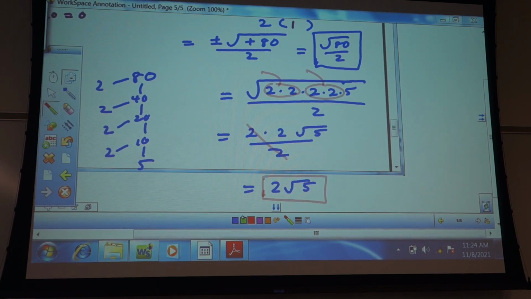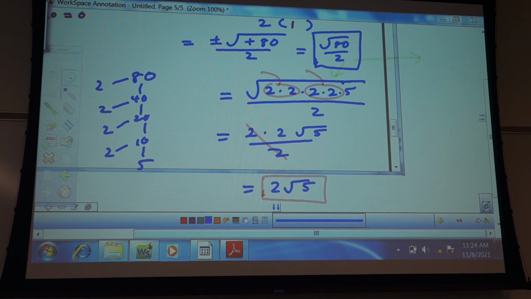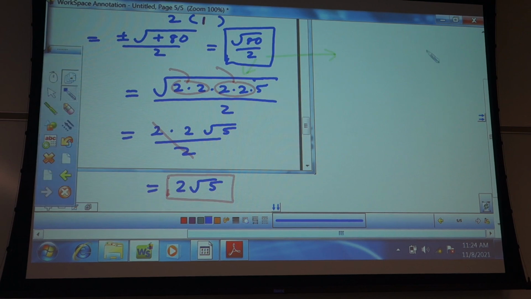So either you do this, or you do this. You can find the square root of 80. On my calculator, I would do 80 raised to the 0.5 power divided by 2, and I would get positive negative, don't forget this is going to be positive negative, 4.47.